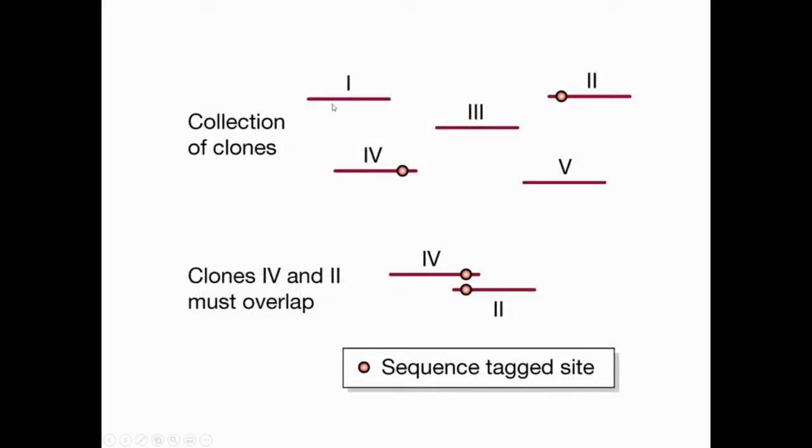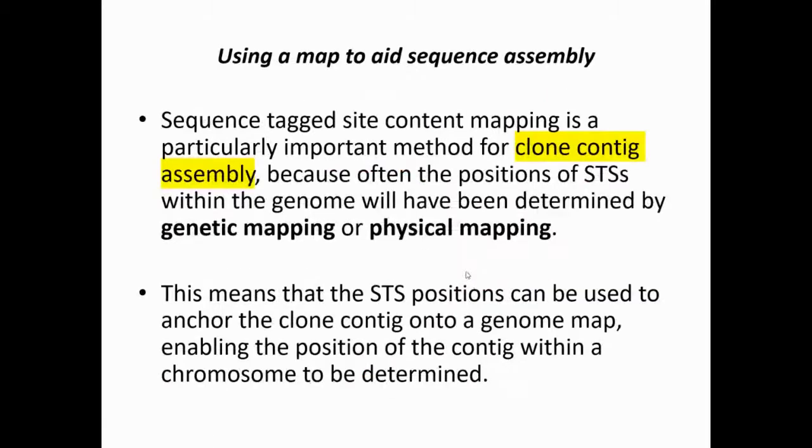So you have a collection of clones and try to find a specific sequence, and then see if it is identified in another clone. If you find that clones 2 and 4 share that specific sequence, then we know those two must overlap. And that sequence we call the sequence tag site, STS. Okay.